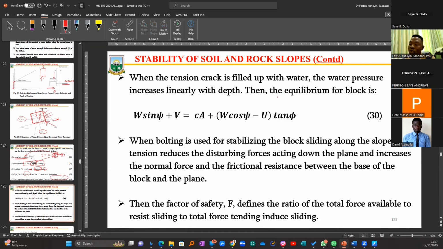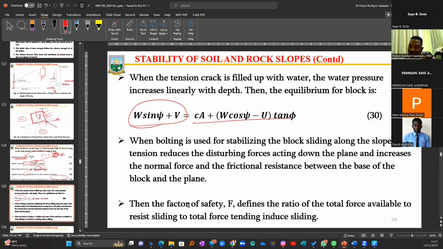To have an equilibrium where there won't be any failure or sliding, the resistive forces and the pore water pressure and other things must be equal to the other forces that are generated within the material to resist the failure.